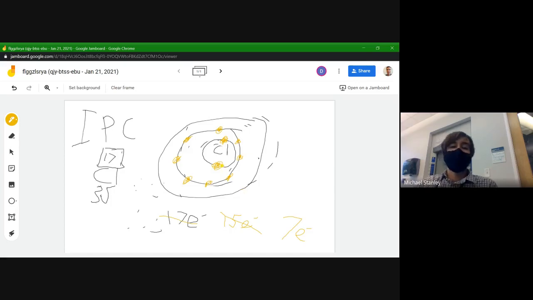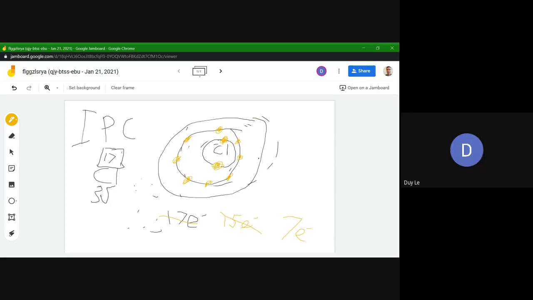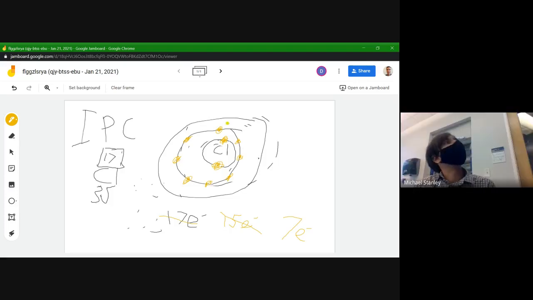So can we fit 7 electrons on the third shell of chlorine? Yes, we can. We sure can. 1, 2, 3, 4, 5, 6, 7. So now we have finally run out of electrons.